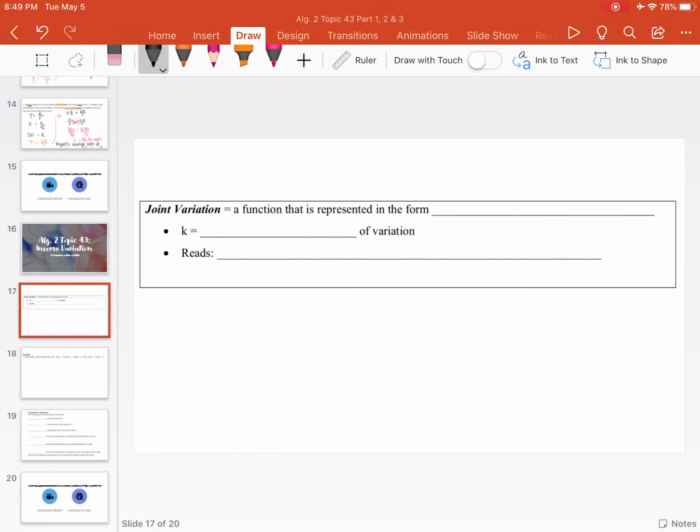So joint variation is a function that's represented by the form z equals k times x times y. K is still our constant of variation, and it's still non-zero.